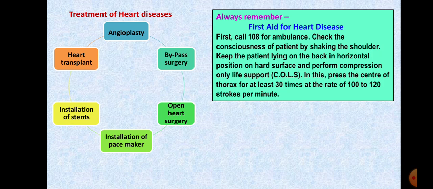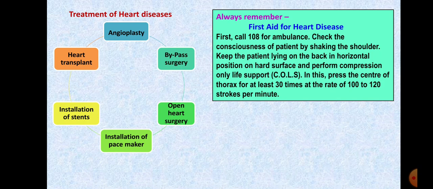And this catheter has a balloon at the other end. Now when the doctor inflates the balloon, the blockage of the artery is opened, right? So this is called a stent.